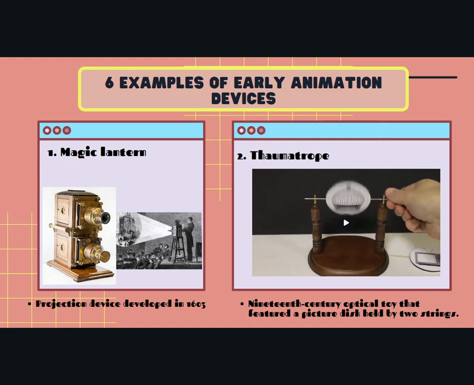So we have here the first, the magic lantern. The magic lantern was an image projection device developed in 1903. This device used a mirror at the back of a light source, originally a candle, to reflect light that would direct the light through long glass slides, projecting the slide illustrations.